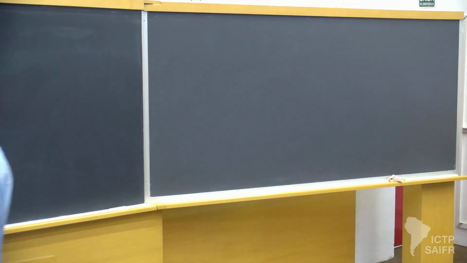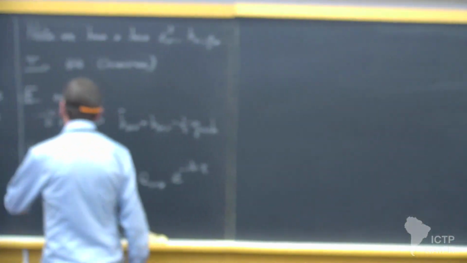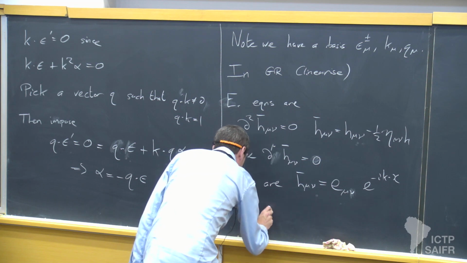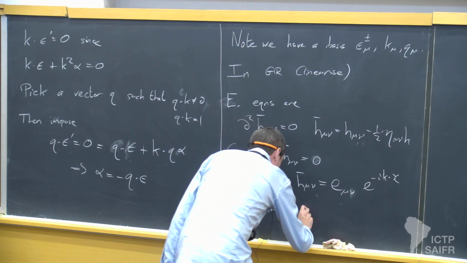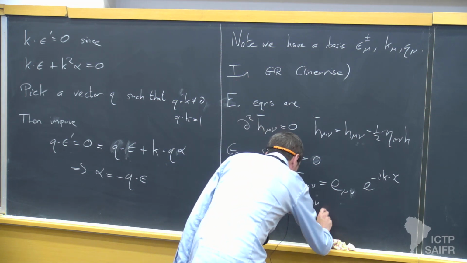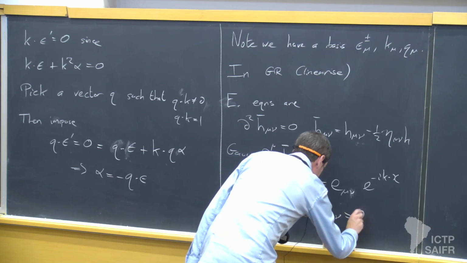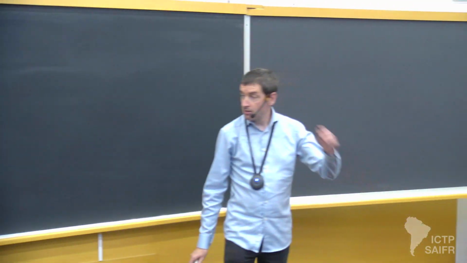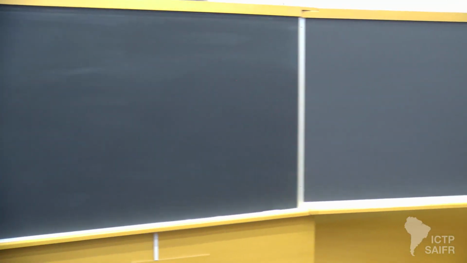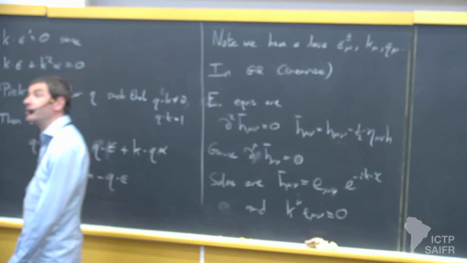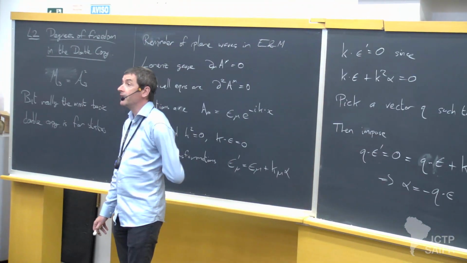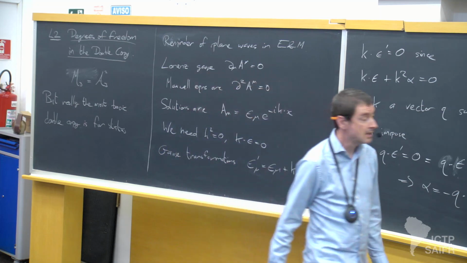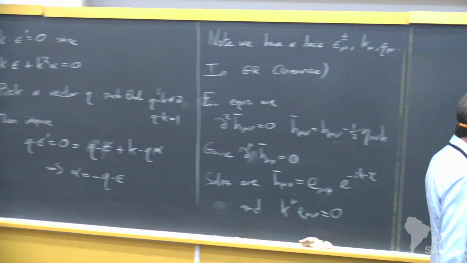So e mu nu is e nu mu. And because of this de Donder gauge condition, we have to impose k mu e mu nu equals 0. Now again, as in the case of E and M, this doesn't uniquely fix the polarization tensors by any means. There's some residual gauge symmetry, and we can use that to simplify our understanding of these polarization tensors.